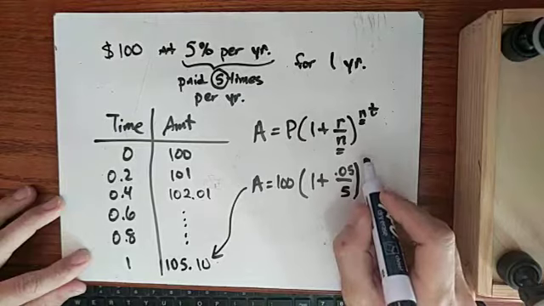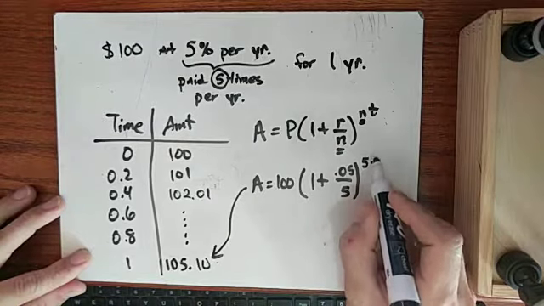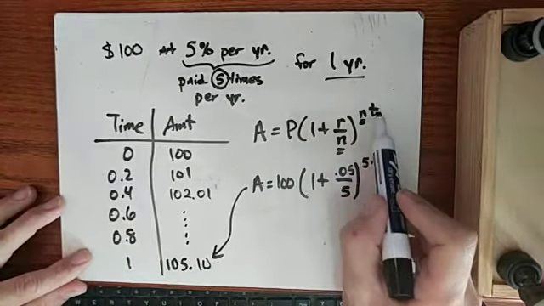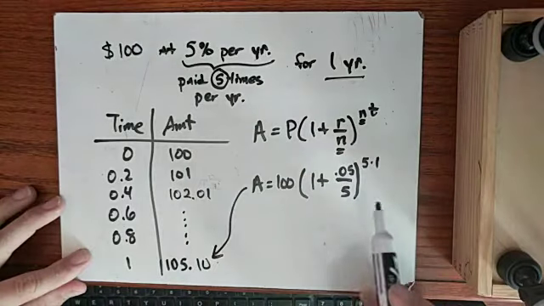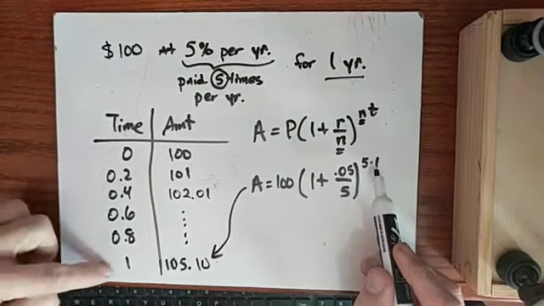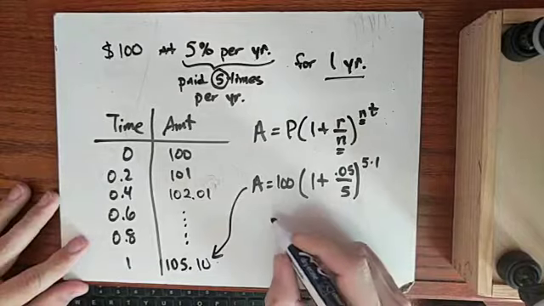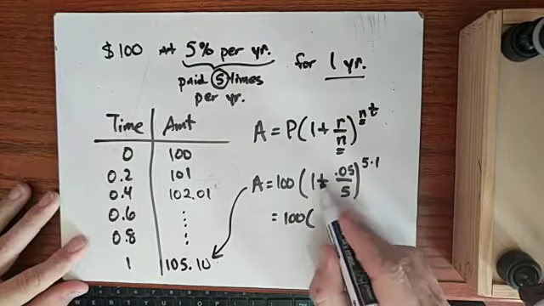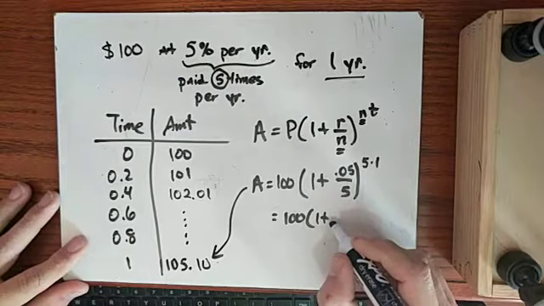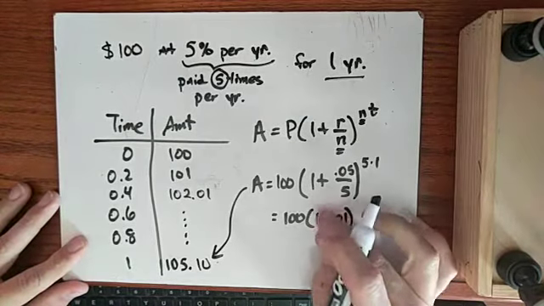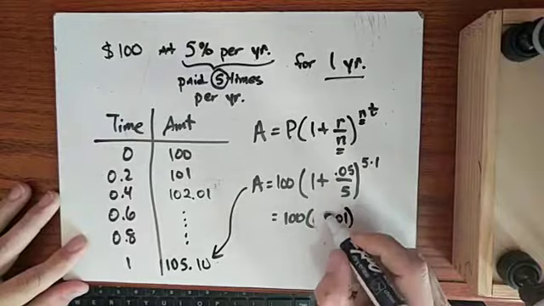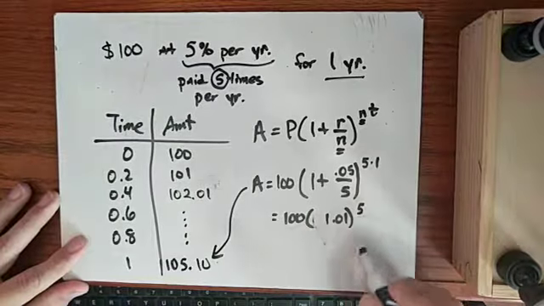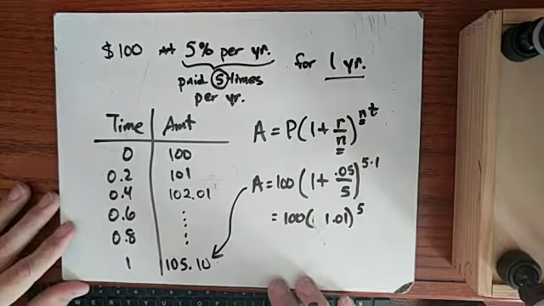And then the exponent is going to be 5 times 1, because it was 1 year, but we got 5 times per year, so we got 5 different interest payments throughout the year. So how does that work out? Well, I divide up my interest by 5 and I get 1% added, right? Well, 1 plus 0.01 is just 1.01, and then this was 5. And so now you can see why I did that.